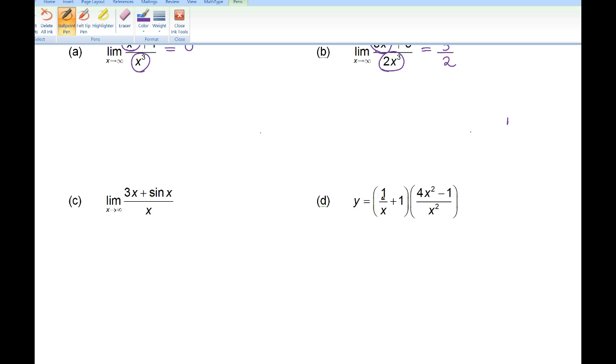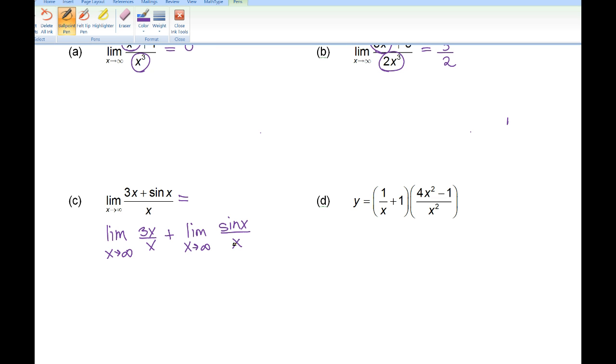Okay, next one. Now, we have to separate this into 2 limits. So I'm going to separate this into 3x over 1 times sine x over x. Can you not do it as 3x over, I mean sine x over x? It's kind of like you working backwards.